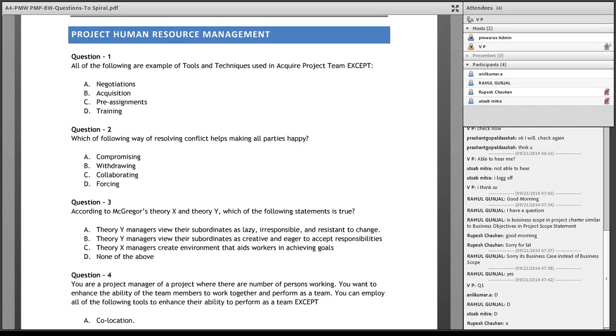This is very straightforward because you just need to see the slide, what is listed in the tools and techniques of acquire project team. Therefore you may not find training there. Also, training is actually used to build the capability of the people, not to recruit them. Is that right?